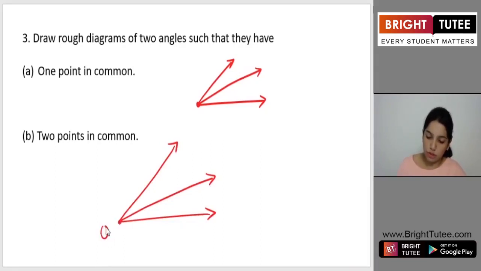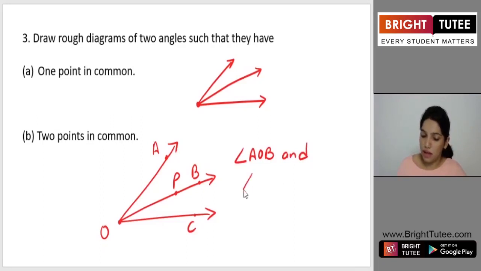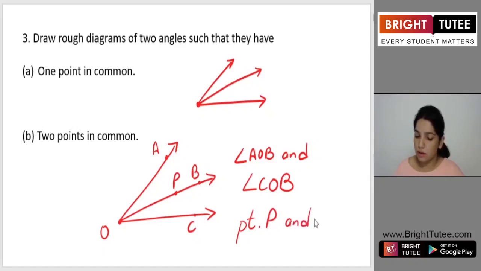Say this is point O and this is point P. And let's name the other points as well, A, B, C. So on angle AOB and angle COB, we have point P and point O as the common points. Is this clear?